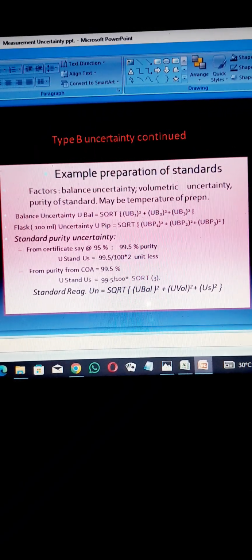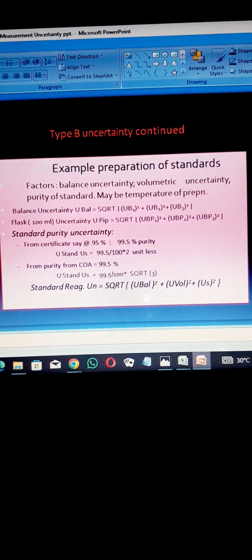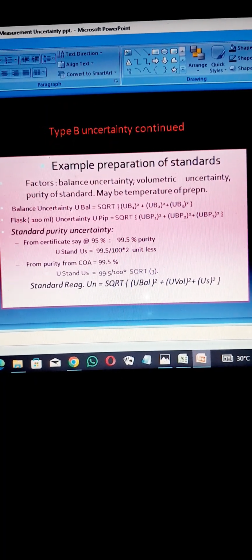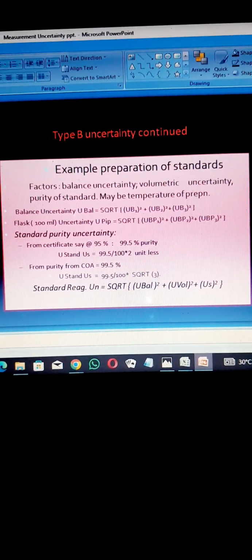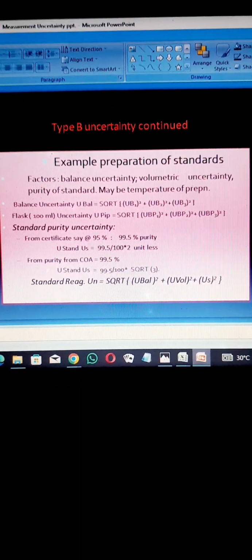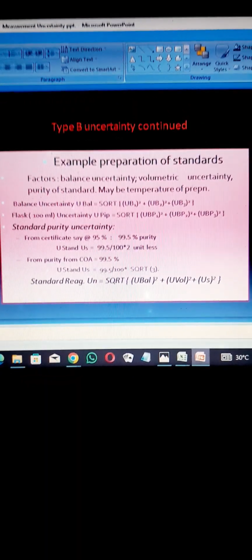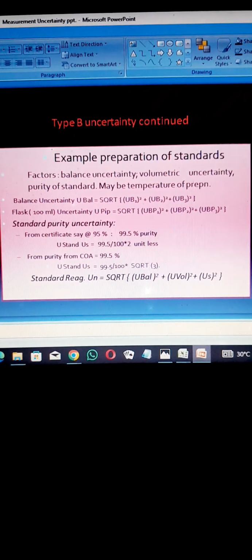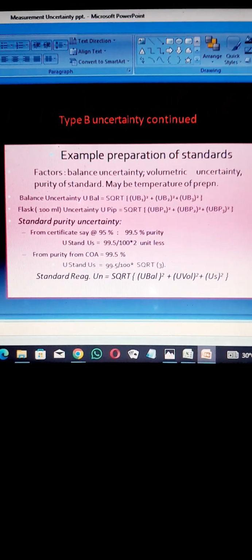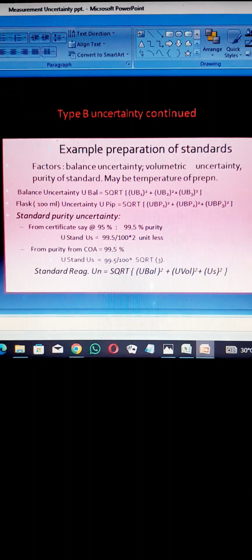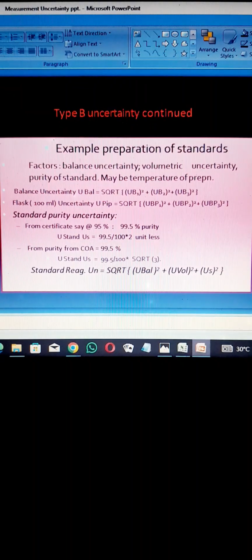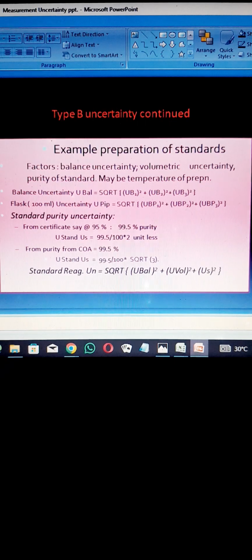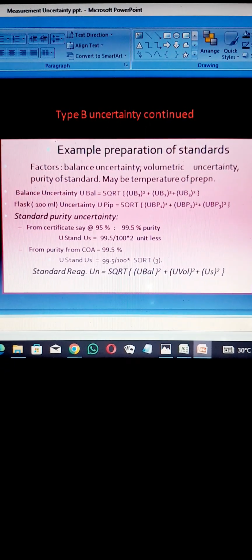Then come to type B uncertainty as per the preparation of standard. The factors are balance uncertainty, volumetric flask uncertainty and uncertainty due to purity of standard; temperature may also affect. For balance uncertainty, we have calculated U balance as the square root of all the deviations which we found.